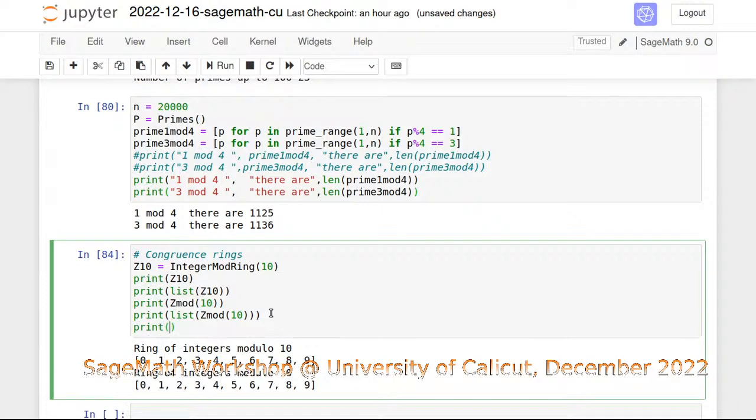Print Z10. So suppose that this is a modulo 10 ring. What is the result of 5 plus 5? The result of 5 plus 5 is nothing but 10, but it's modulo 10, therefore it has to be 0. And the result of 5 plus 6: 5 plus 6 is 11, but modulo 10 is going to be equal to 1.